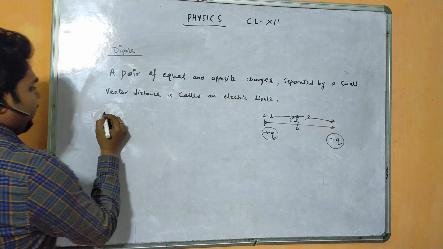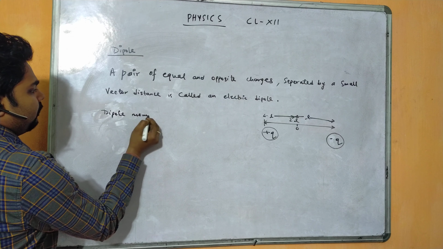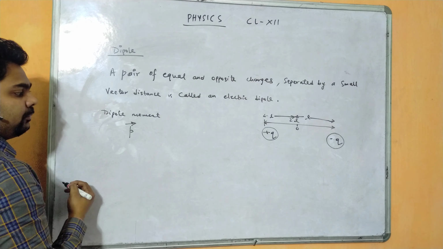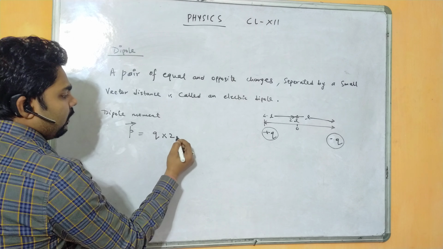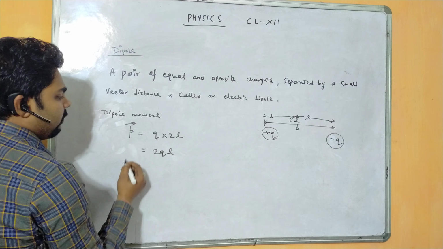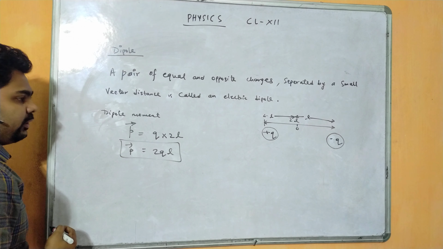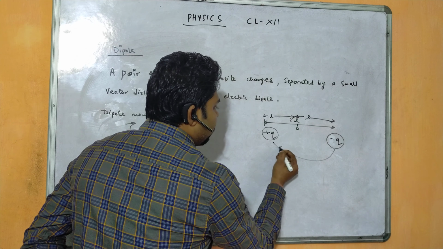So when I say dipole moment, that is represented by P, and it is the product of either of the charges and the distance between them, or this can also be written as 2qL. So dipole moment is a vector quantity which is directed from negative to positive.